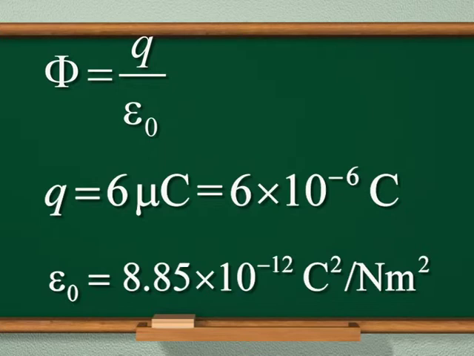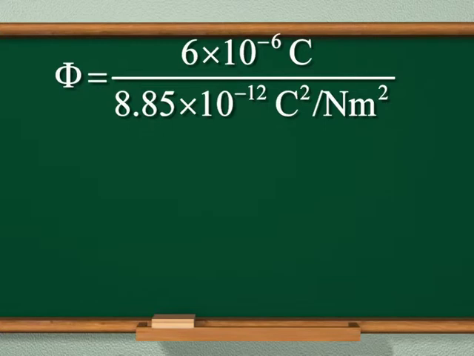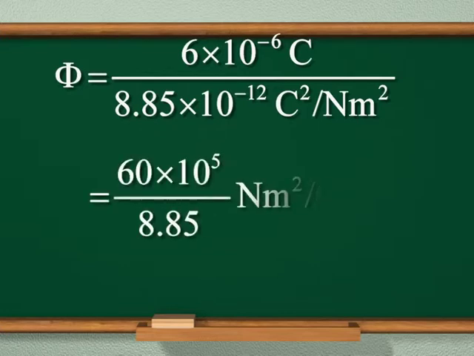Substituting the values of Q and epsilon naught in the expression for capital Phi, we get the total flux through the Gaussian surface as capital Phi equal to 6 into 10 raised to the power minus 6 coulomb by 8.85 into 10 raised to the power minus 12 coulomb square per Newton meter square, which is equal to 60 into 10 raised to the power 5 by 8.85 Newton meter square per coulomb.